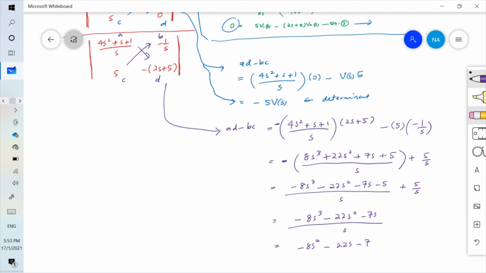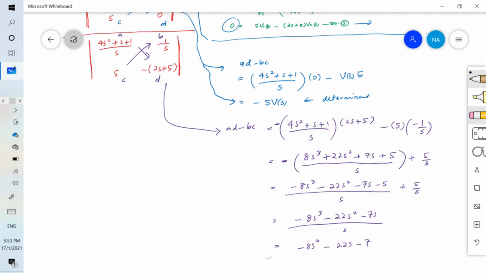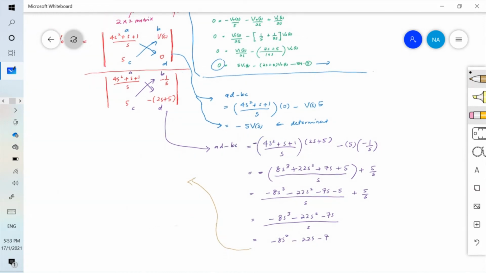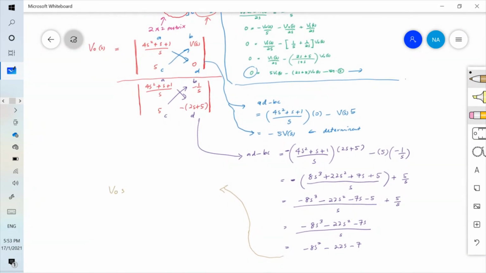Now that you have the top determinant and bottom determinant for the matrix, we are going to rewrite V naught as equal to the top determinant, negative 5 Vs, divided by negative 8s squared minus 22s minus 7.